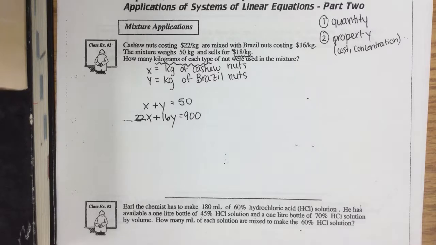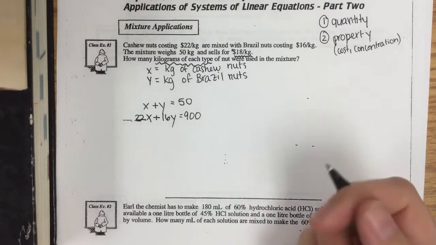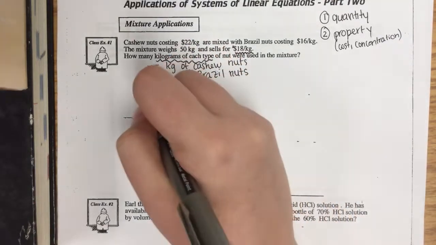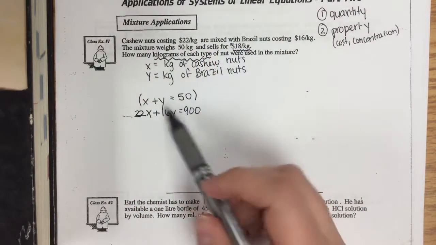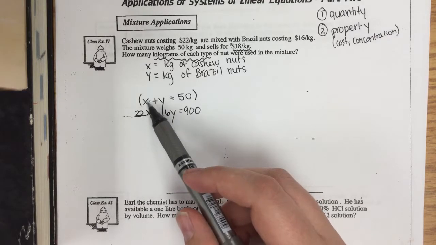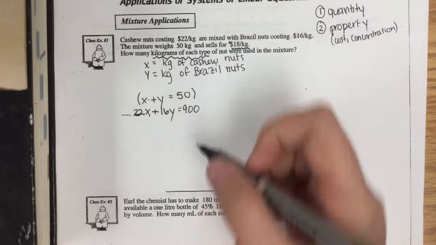Okay, you have your choice when it comes to how you want to solve this system. Once you set it up, that's the hardest part, and then you just pick a strategy and go with it. Elimination is my personal favorite, so that's what I'm going to do here, because I can see it's pretty easy to multiply this top equation either by 22 to eliminate x or by 16 to eliminate y.